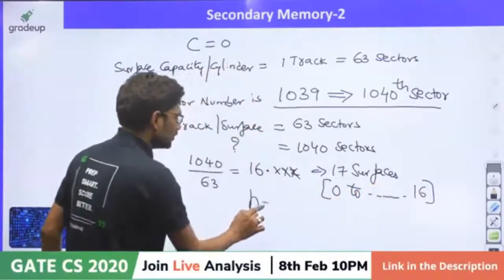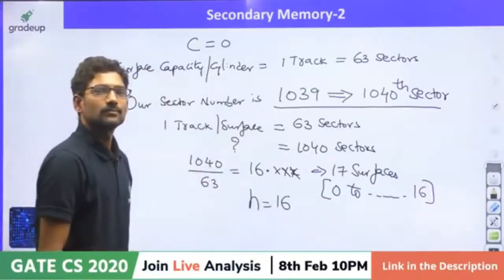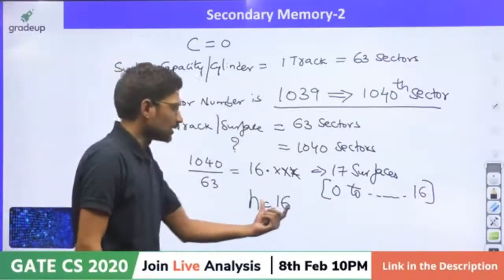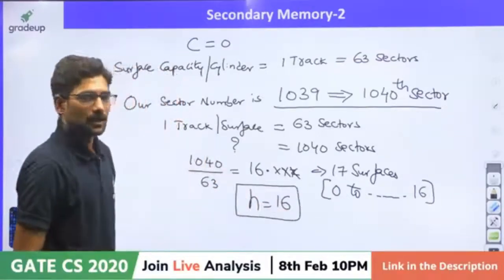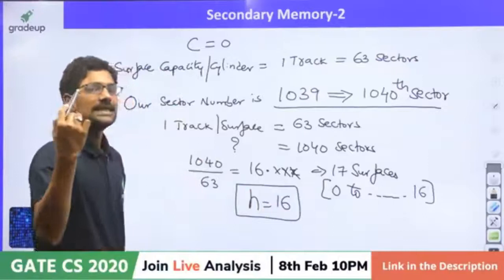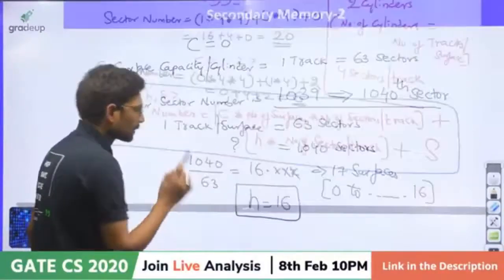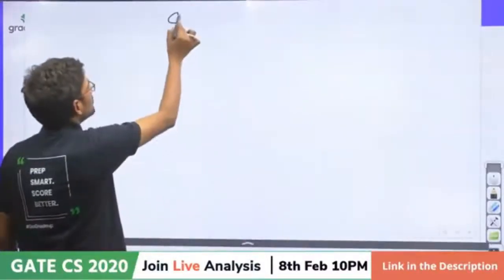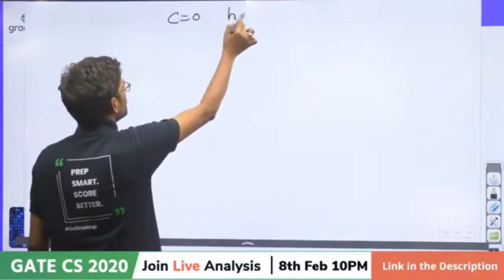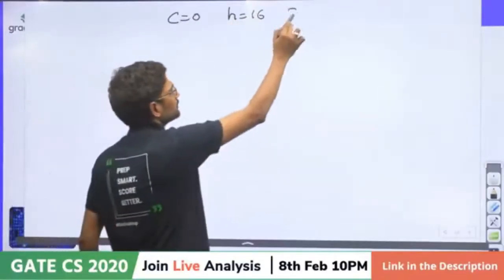H is equal to 16. Now I want the S value. So we got C as 0, H as 16. Now I want S.